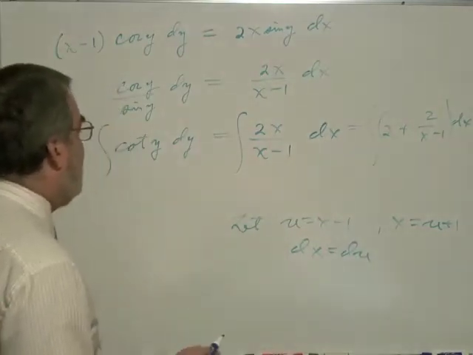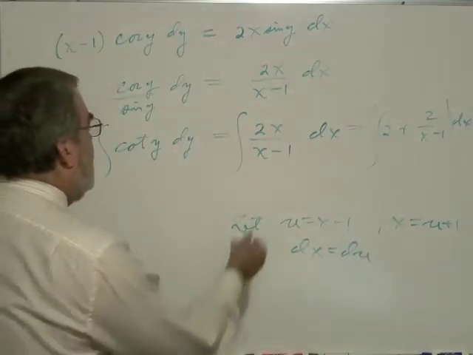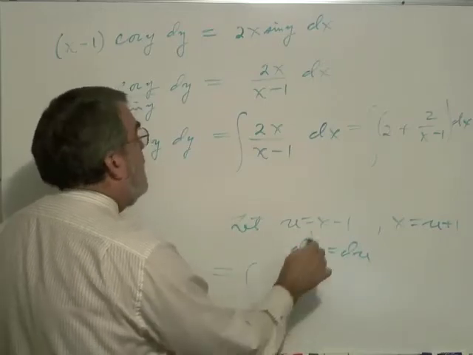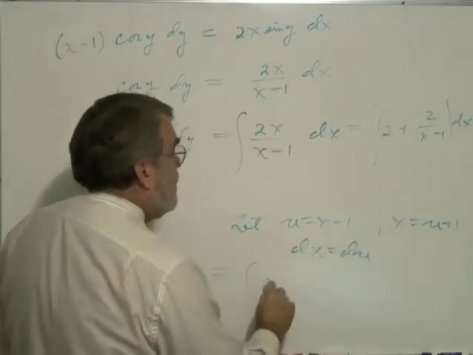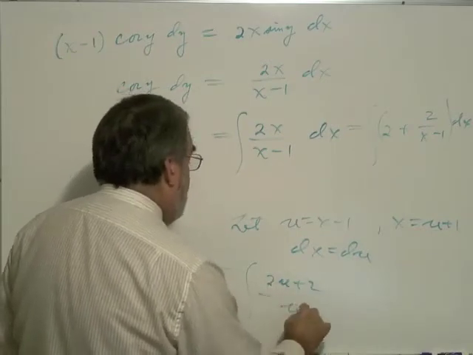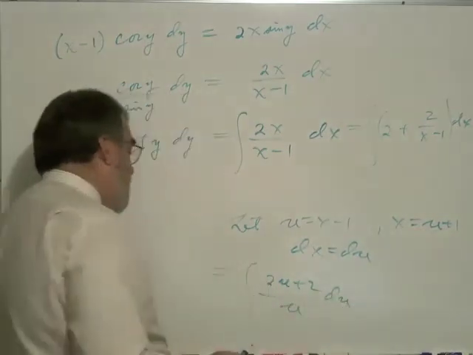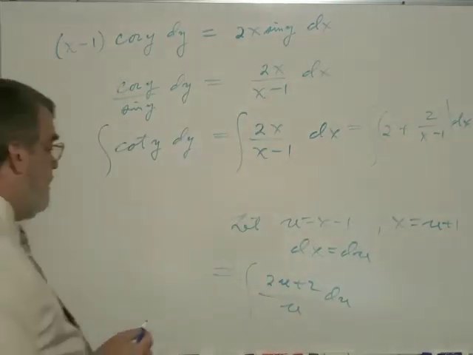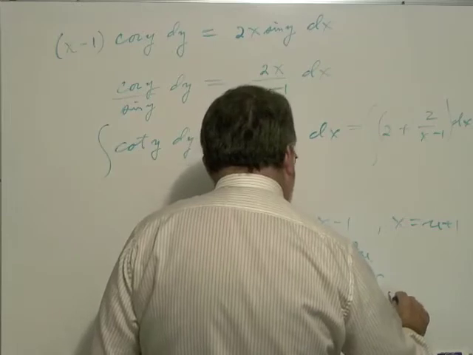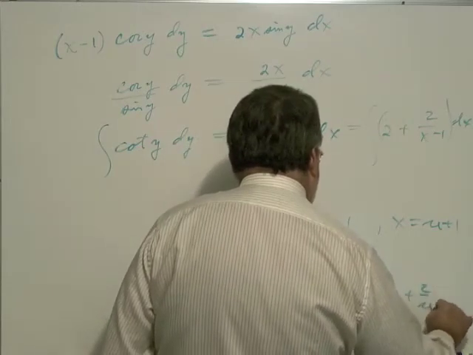If I did that substitution, then this integral becomes 2 times x, which is 2u plus 2, over u du, which is the integral of 2 plus 2 over u du.